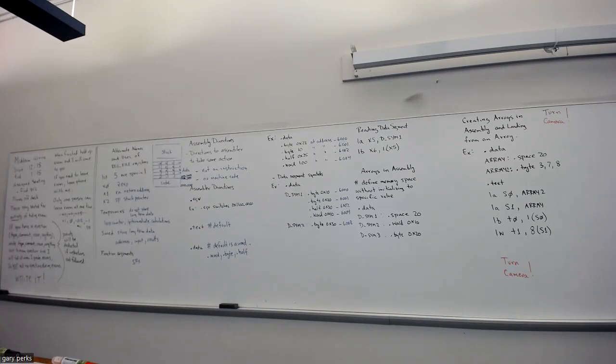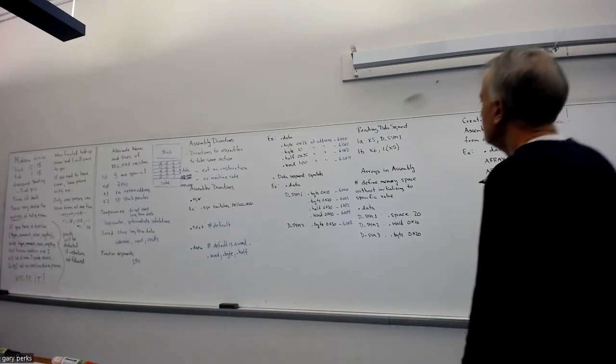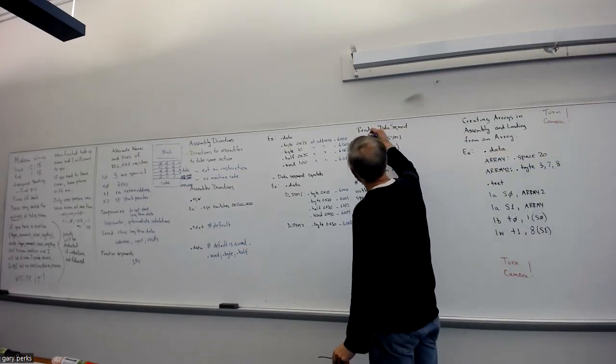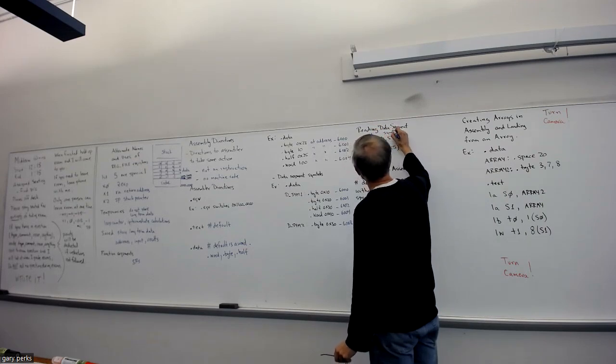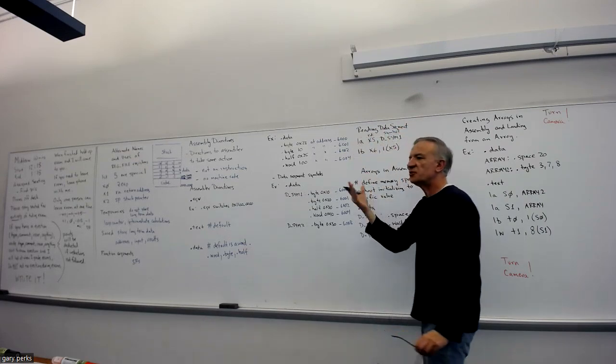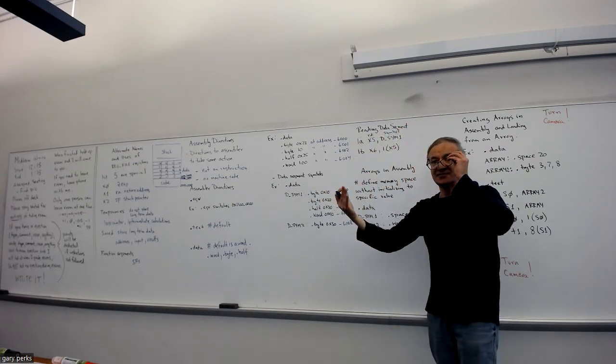If you go to LA, it stands for load absolute address of symbol. And if you look at the form of the instruction, this is a destination register, and this is a symbol. Again, a symbol is like a label for the data section.